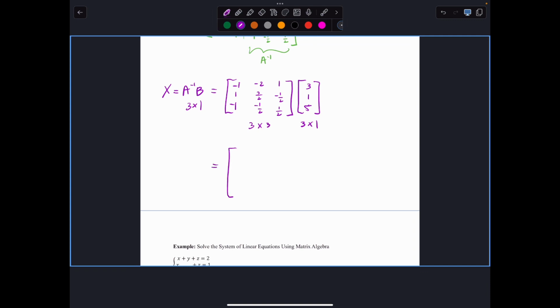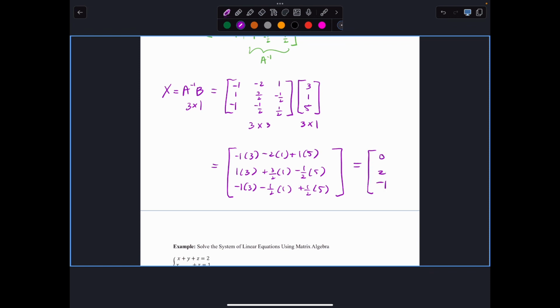Okay. So we'll have -1 times 3, and if you multiply on your calculator, you could also get the answer, but for funsies, and because you need to know matrix multiplication for right now, okay, we end up with 0, 2, -1.